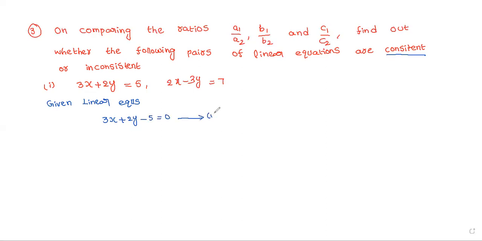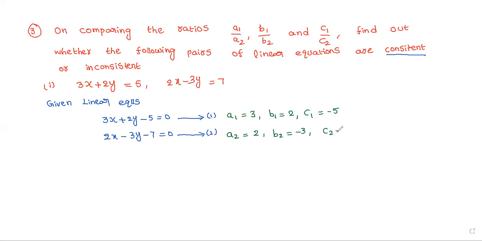Equation 1. 2x minus 3y plus 7, transposing to the left side, minus 7. Comparing a1x plus b1y plus c1: a1 equal to 3, b1 equal to 2, c1 equal to minus 5. a2 equal to 2, b2 equal to minus 3, c2 equal to minus 7.